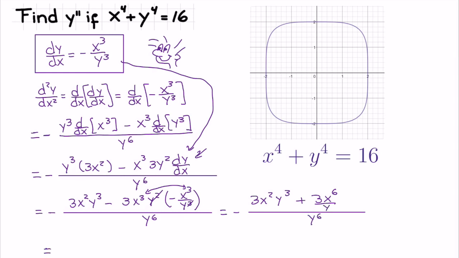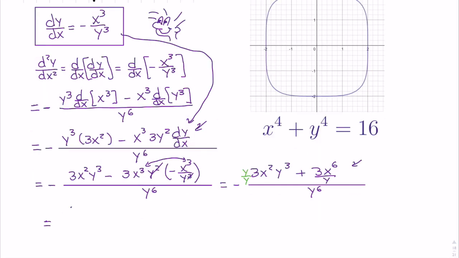Now add this rational expression. You just have to multiply and divide here by y over y to make them have a common denominator. So we get 3x squared y to the 4th power plus 3x to the 6th power all over y to the 6th power. And you know there's a 1 there.